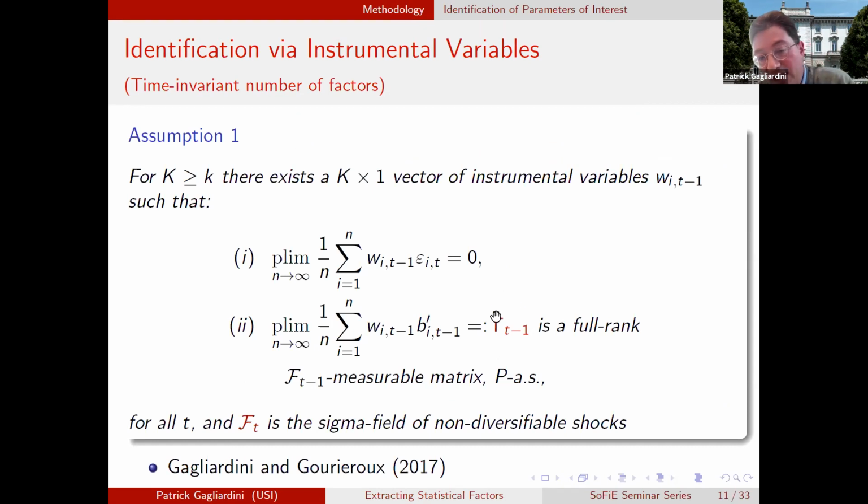So I will denote by this gamma t-1 the cross-sectional cross moments between the instruments and the loadings. So as you see, potentially this matrix gamma is time varying, is a function of some information, and this information, which is denoted by this calligraphic Ft, intuitively is the information which is spanned by the cross-sectional averages of quantities. So something like a sigma field of non-diversifiable shocks. So the shocks that remain in large cross-sectional averages. Okay.